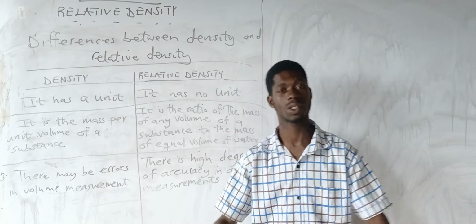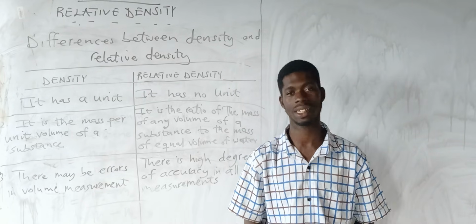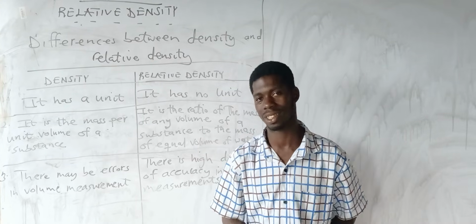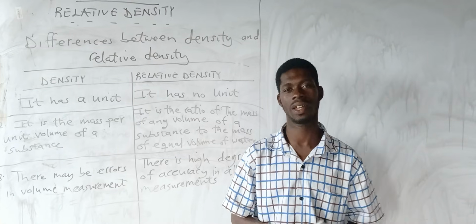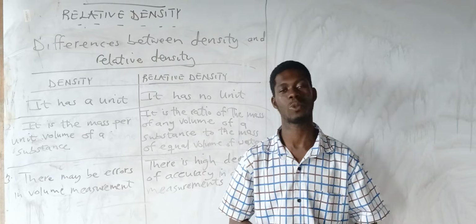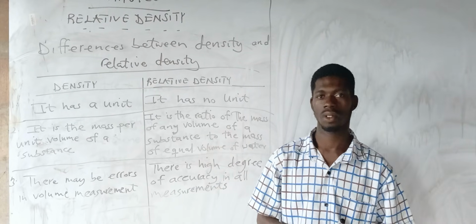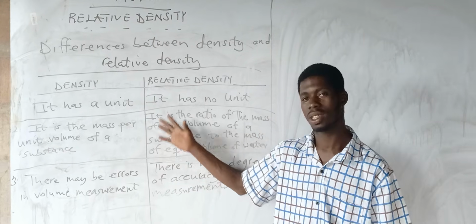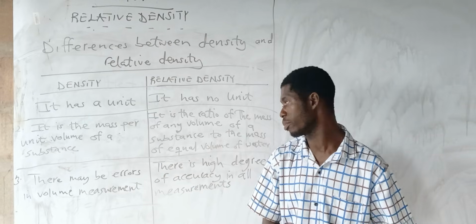I'm not saying that you did not encounter any error, but it was minor, the accuracy was so high, unlike density. With density, the chance of getting some errors in your work is higher than that of relative density. So you can use this to distinguish between them. These are some of the differences between them.